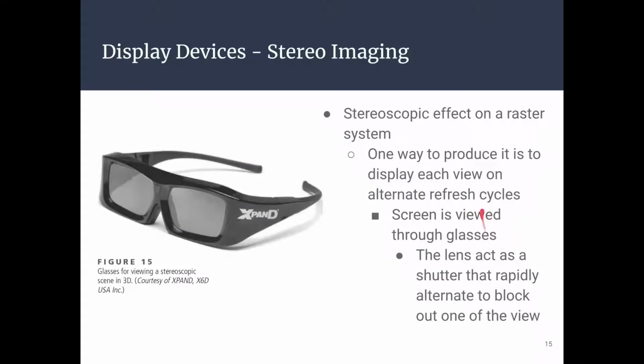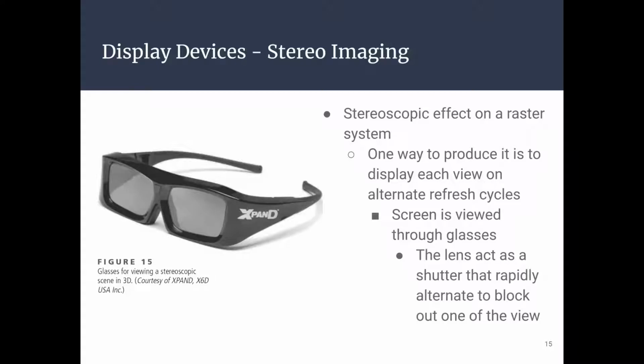So then moving on, let's talk about the stereoscopic effect on a raster system. So one way to produce it is to display each view on alternate refresh cycles.